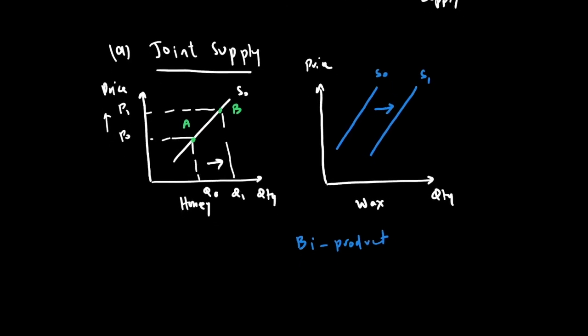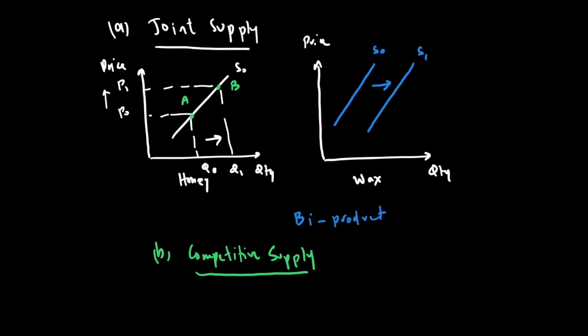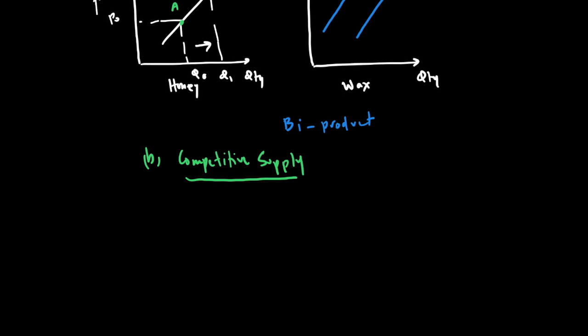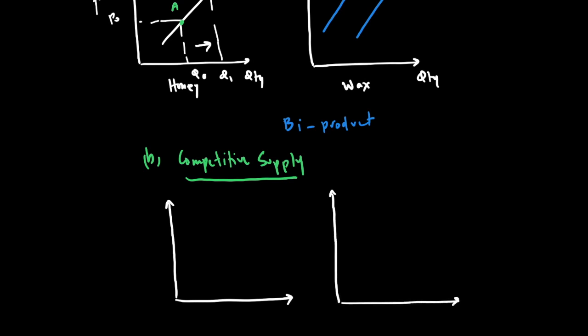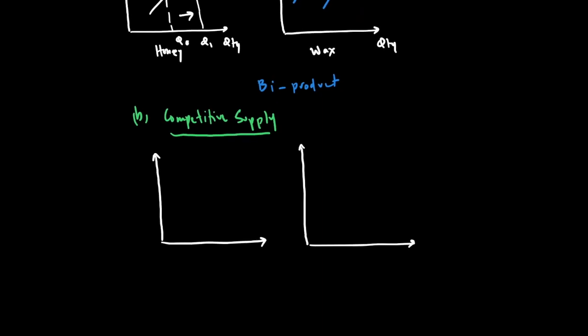In the case of competitive supply, these are simply those goods which are in competition with each other when it comes to supply. For example, production of one good should lead to less production of another, because the resources that are going into the production of one good will now not be available for the production of another. A good example could be the market for oranges and lemons.